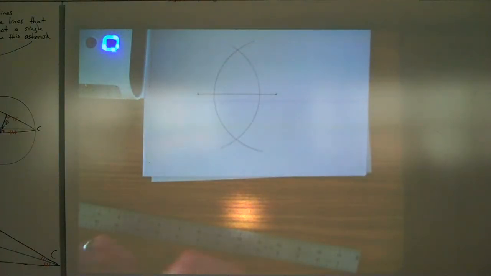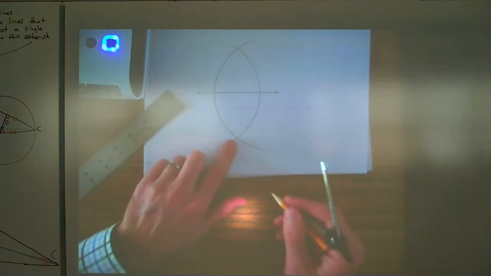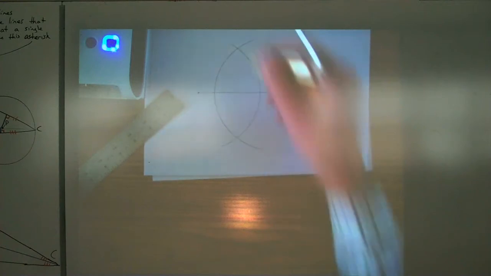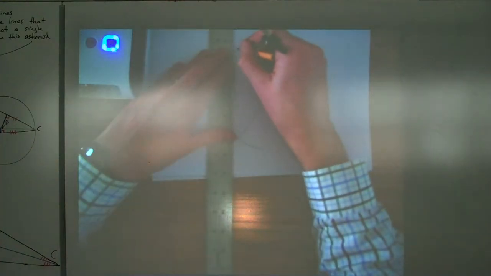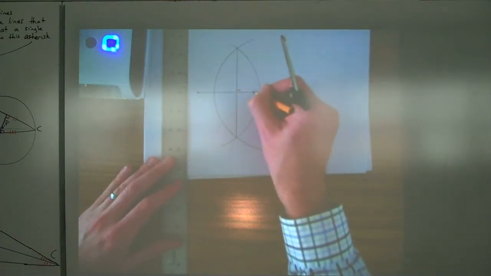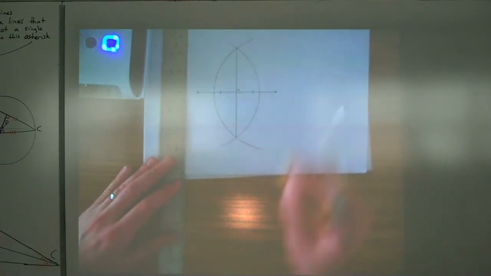And then we have these two intersections, right? One right here, one up there. We connect those with our straight edge. That is the perpendicular bisector of that original segment.